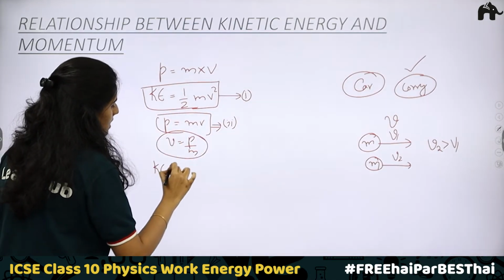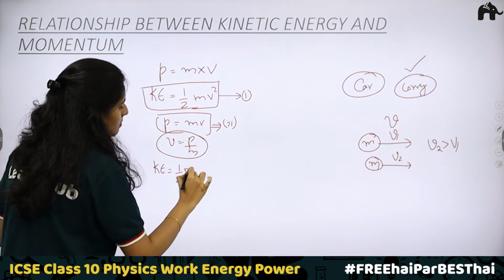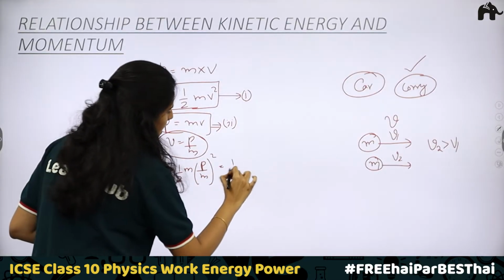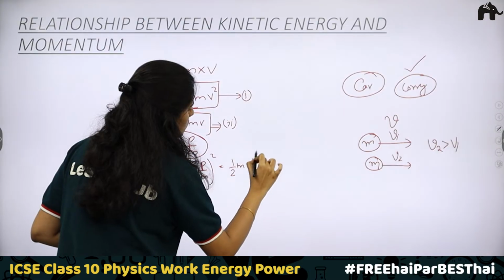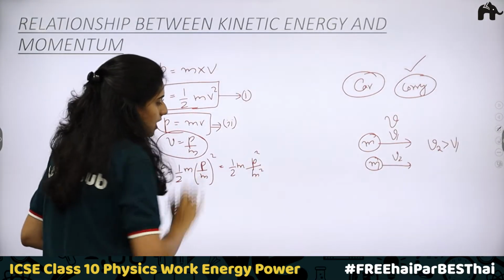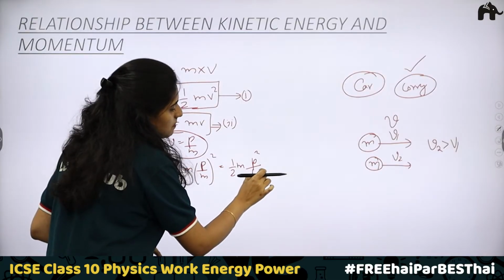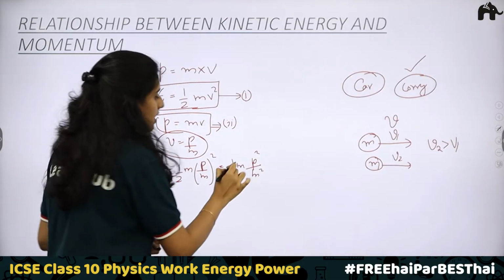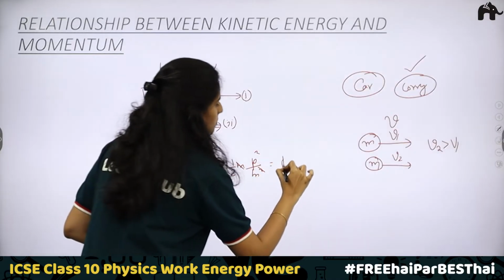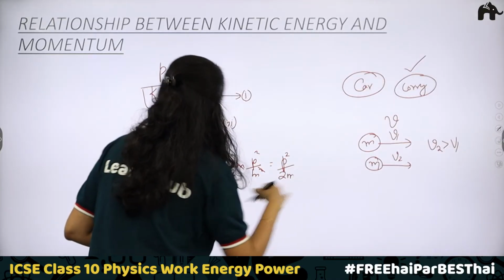Then kinetic energy will be half m into P by m whole square. That is half m P square by m square. Here we have a mass m in the numerator and m square in the denominator. One m can be removed. Okay. Then we have P square by 2m.